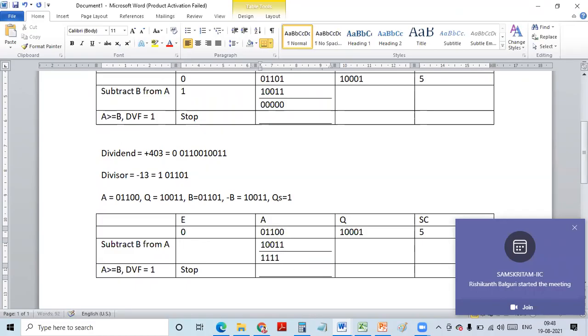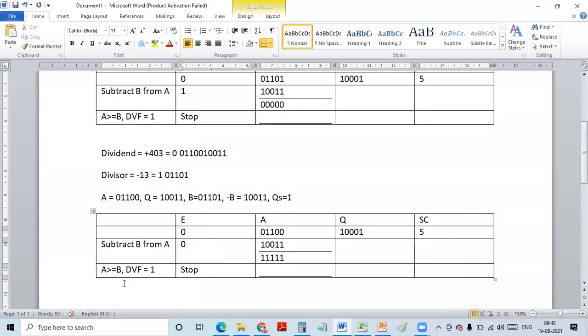All ones, 1, 1, 1, 1, 1. This is the result, and E is 0. It means that A is less than B. So what should you do? A is less than B, so division overflow has not occurred.